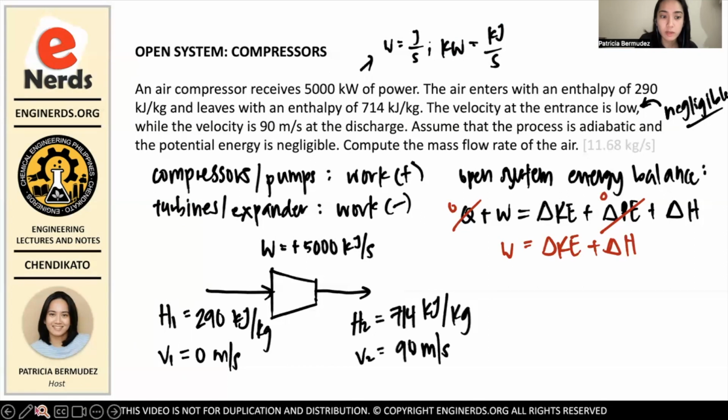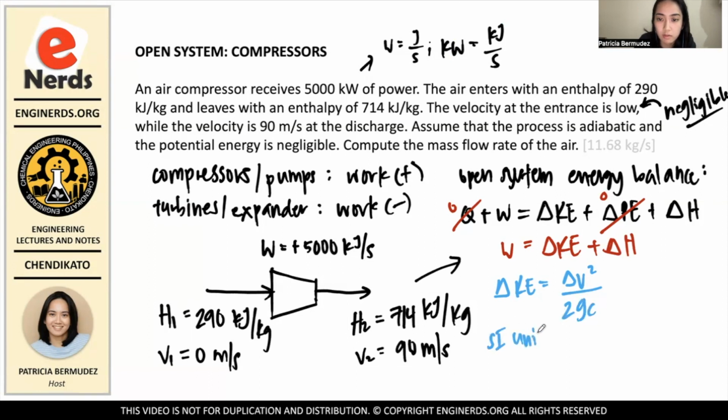So what we're gonna do now is substitute it in this open system equation that we found. And from this equation, we know that the delta KE is equals to the change in velocity squared over 2GC. But for SI units, and for this one, we're dealing with SI kasi watts siya, so kilojoules per second.